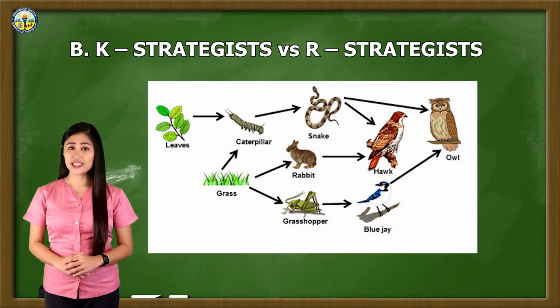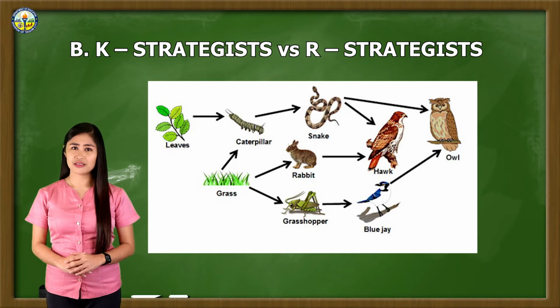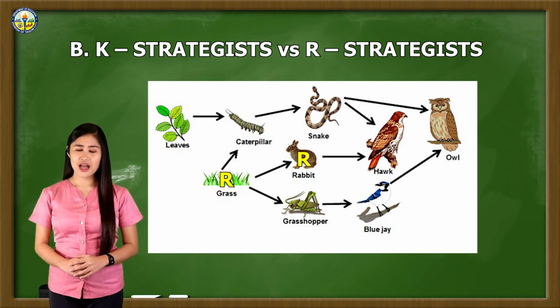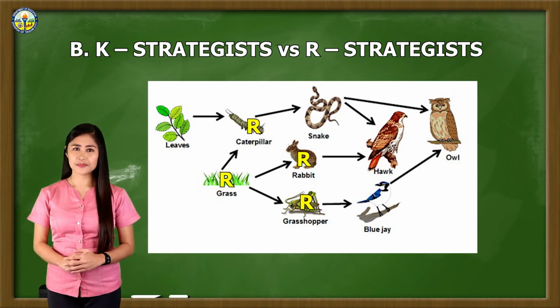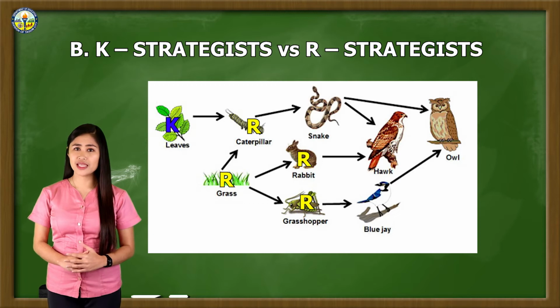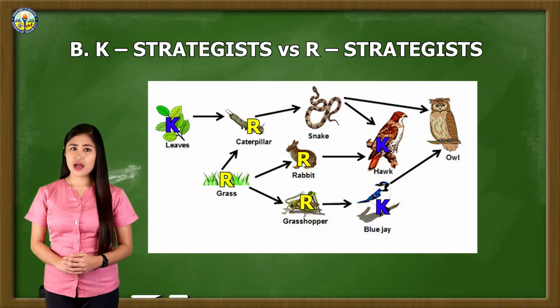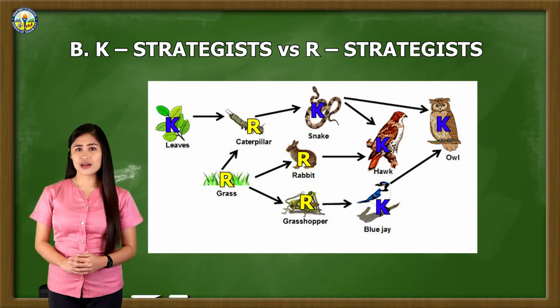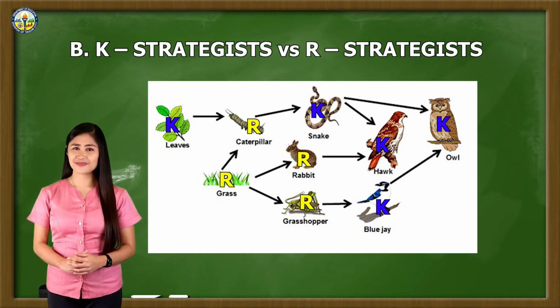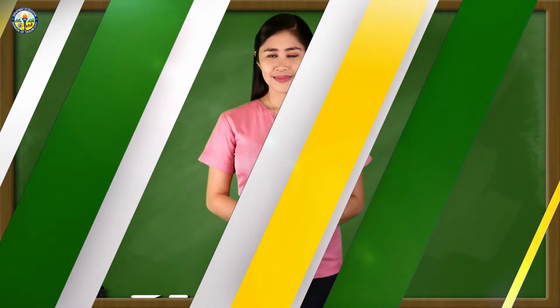The r strategists are the following: rabbit, grass, grasshopper, and caterpillar. While the leaves or trees, hawk, blue jay, owl, and snake are K strategists.